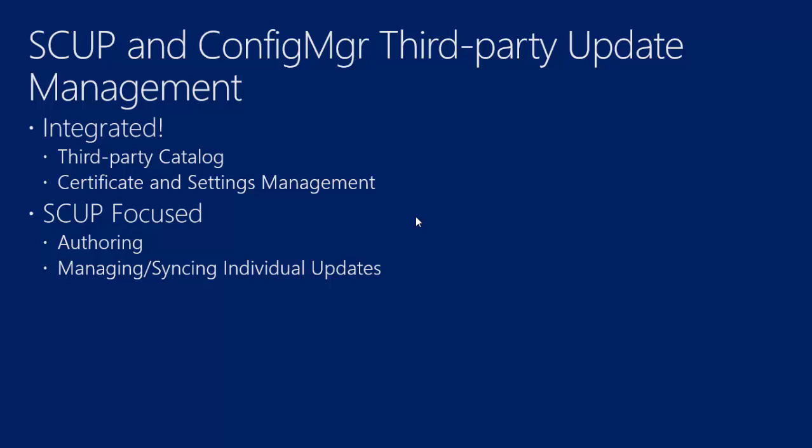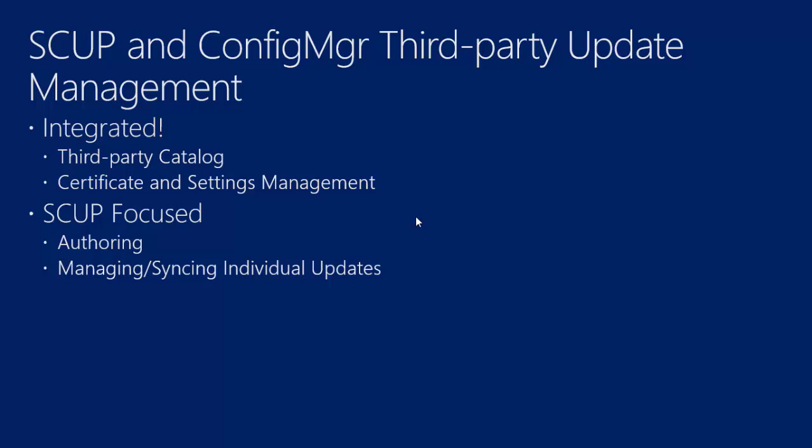Certificates and settings management are integrated with ConfigMgr, right? A little bit of an asterisk on the certificate stuff, depending on the versions of the catalog, but we'll talk about that in the next session. Settings management in terms of enabling certificate maintenance on WSUS, ConfigMgr to drive that, also enabling the client settings to be adjusted in through turning it on in client settings.